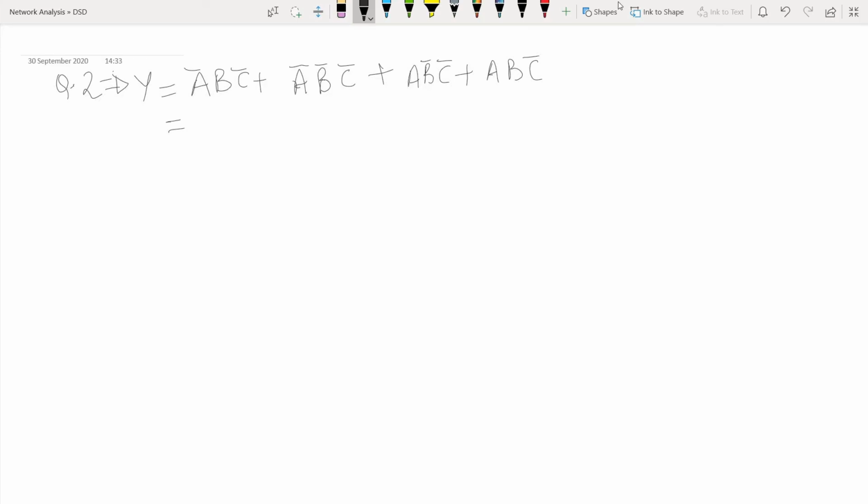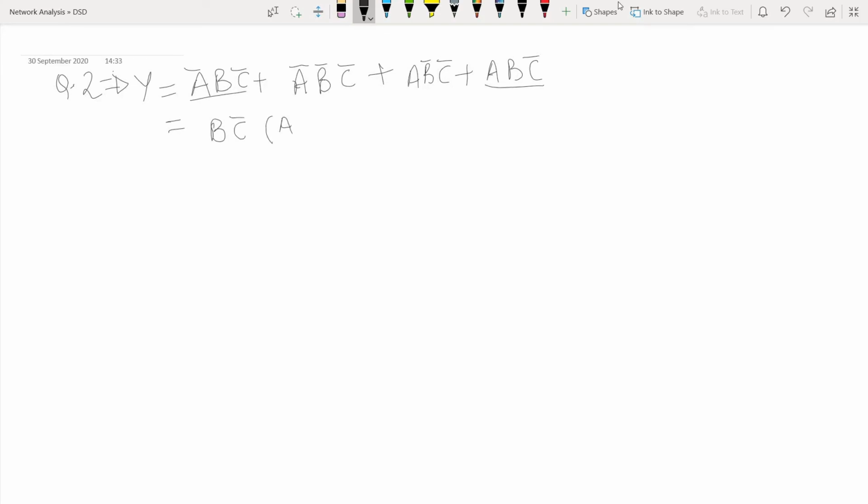So now we are starting from these two terms, this and this. What is common in these two terms? BC bar is common. So I have taken BC bar common. What are we left with?